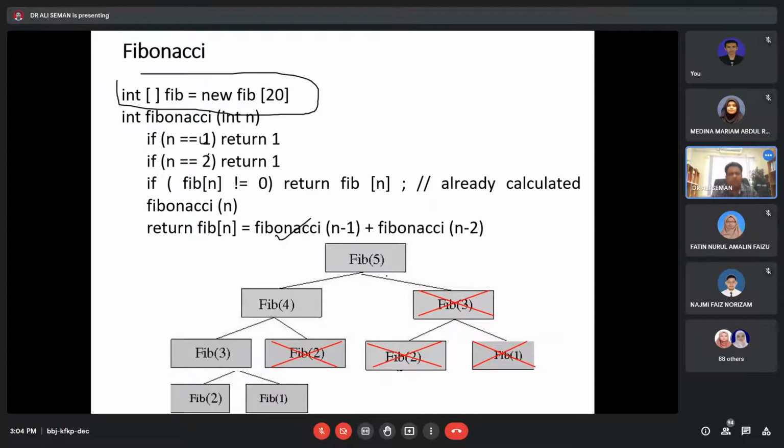Meaning that if we have the solution for this, we store it in a table or record. And when we come across the same problem, we just make use of the existing solution that is already solved, without recalculating the same process.